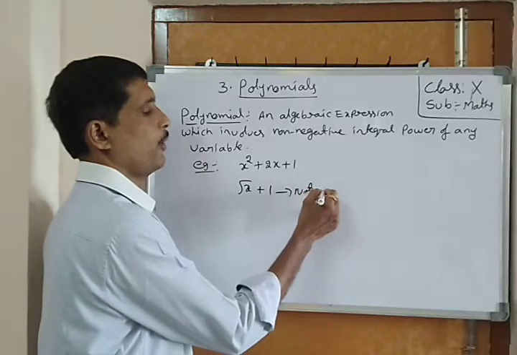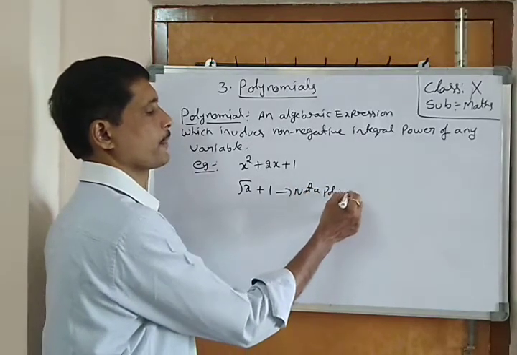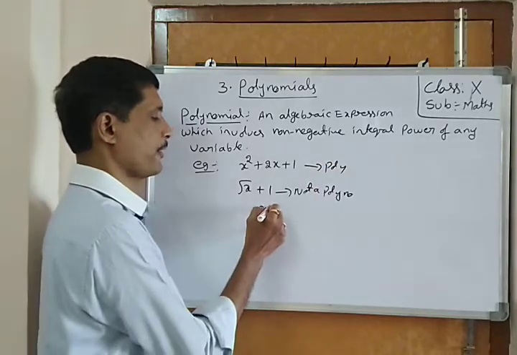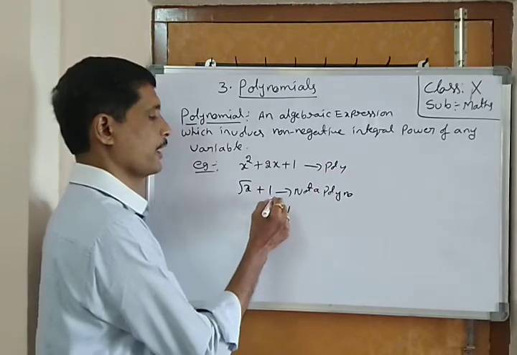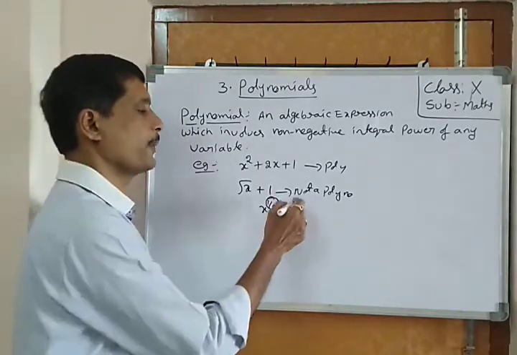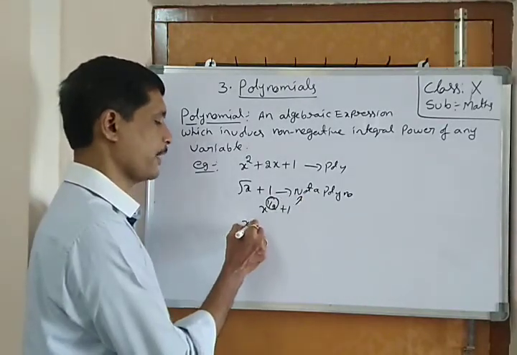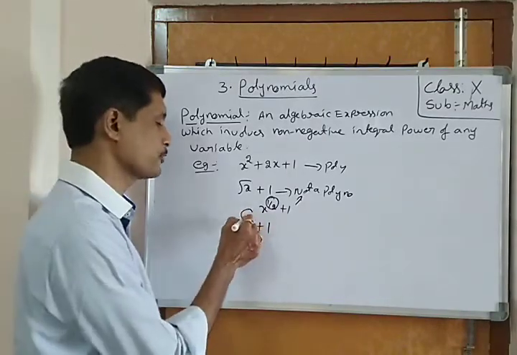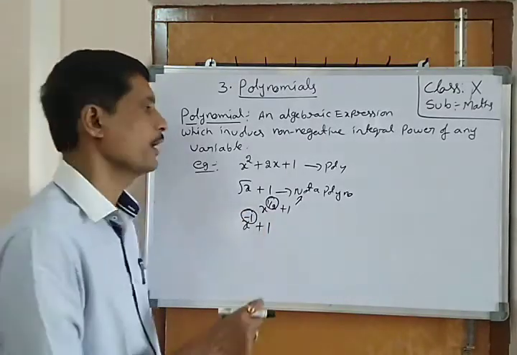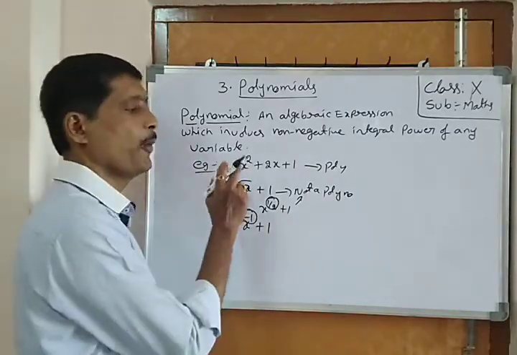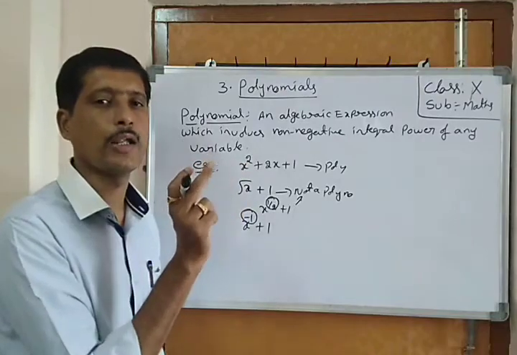Why? Root x is x power 1 by 2, so plus 1. Here the power is a fraction, therefore that is not a polynomial. Suppose x power minus 1 plus 1: that is also not a polynomial, right? The power is a negative value. Therefore the power should be only a positive integer. Then it is called a polynomial, otherwise not a polynomial.